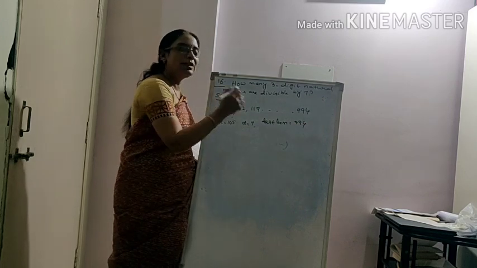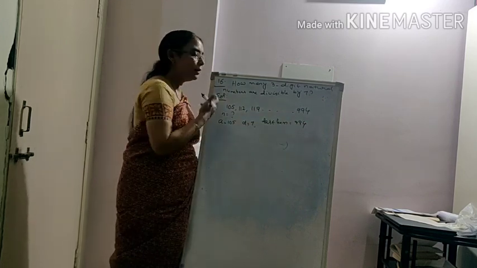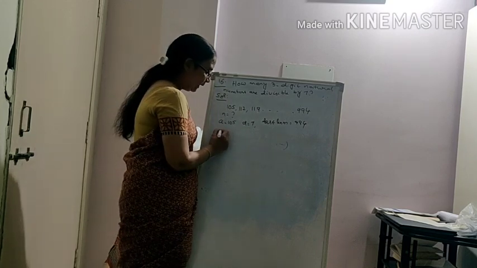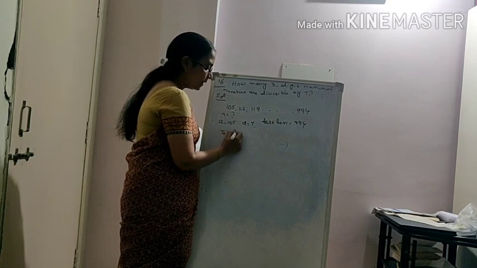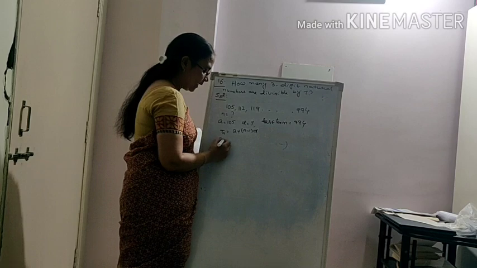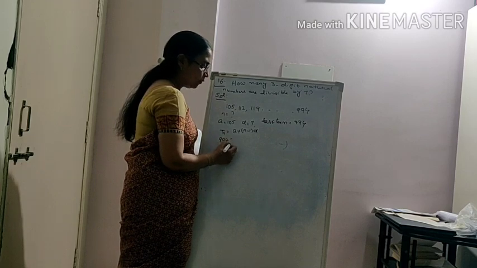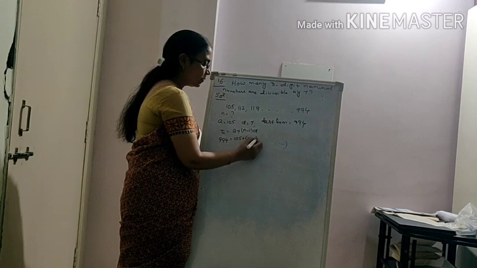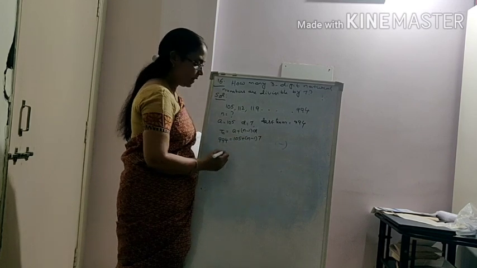If you know which term is the last term, then that many numbers are there, that is n. So we can write Tn is equal to A plus (n minus 1) into D. This time we are taking the last term 994. A is 105 plus (n minus 1). D is given as 7.